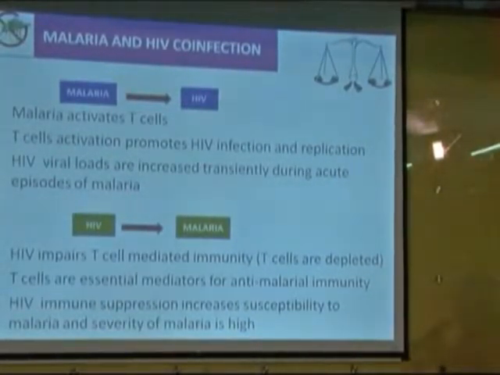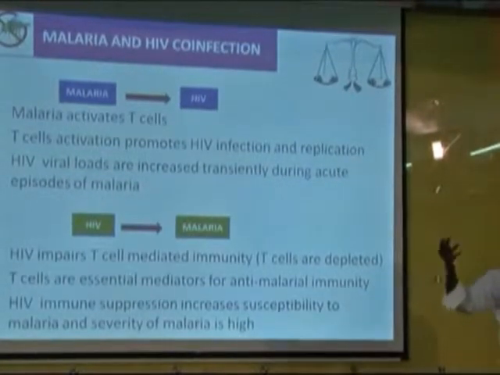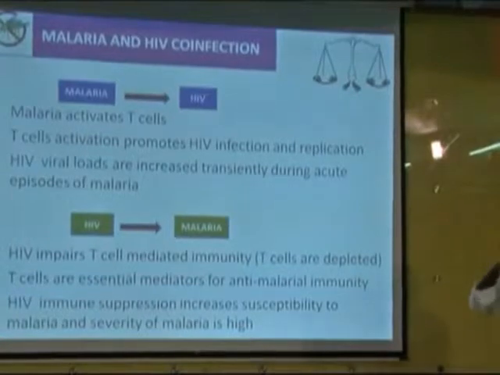Now the other way around, if you are HIV positive, what does HIV do? It impairs immunity because it infects all these T cells, and T cells are low in numbers. So when you get malaria and you are HIV positive, the clearance of the malaria parasite takes much longer. You see, both ways, it's a double-edged sword.